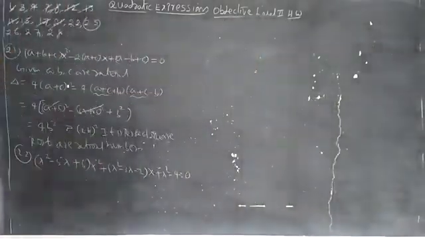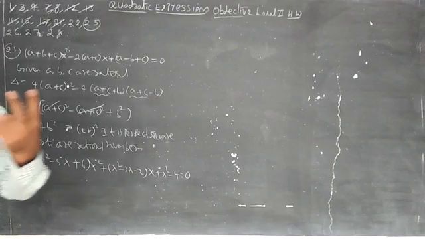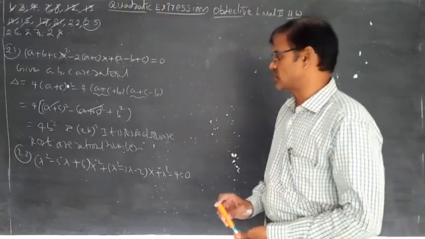Logically, a quadratic equation has a maximum of 2 roots. But here he says it is satisfied by more than 2 values, which is not at all possible for a quadratic equation.